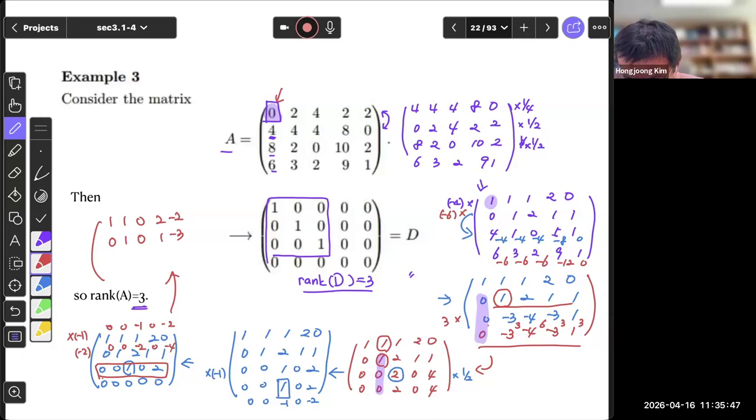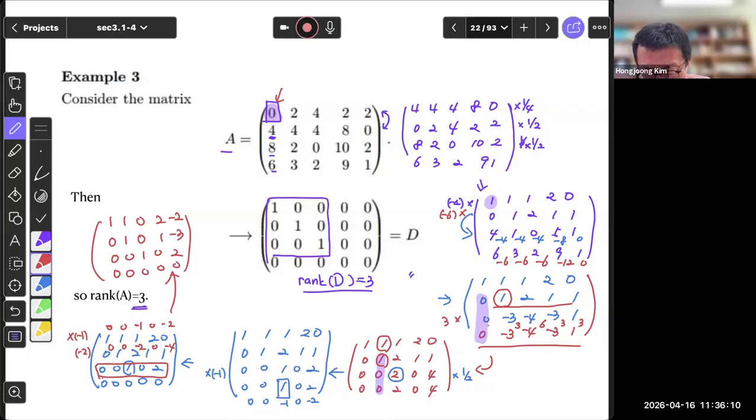So if I... 0, 2, negative 2, 0, 0, 1, 1, negative 3, 0, 0, 1, 0, 2, and 0, 0, 0, 0, 0.